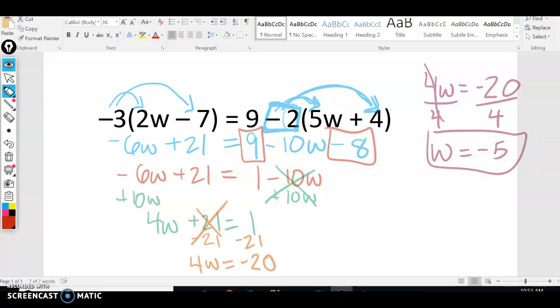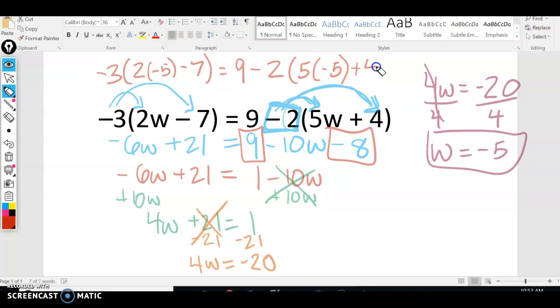I can check my work once I've completed the equation by substituting in negative 5 for w. I know a lot of people don't like doing this because it's a lot of work and they're really lazy, but if you want a good grade and you want to make sure that you're accurate when solving the equation, you could substitute in your answer and make sure that the left side is the same as the right side.